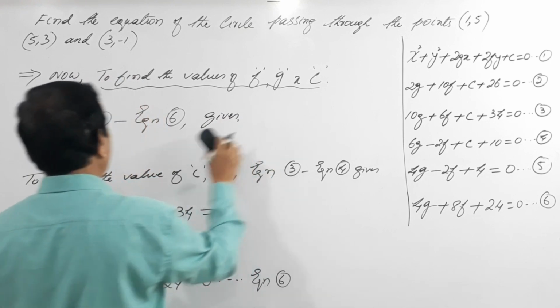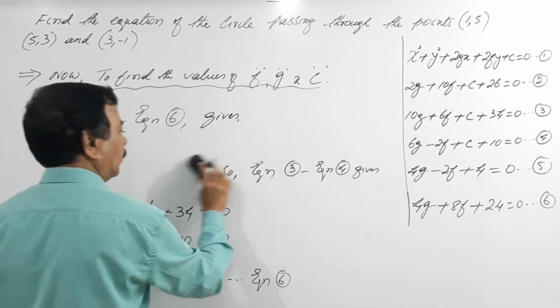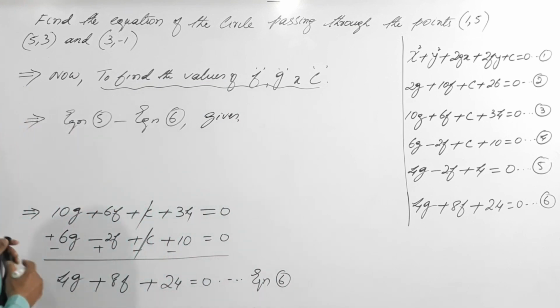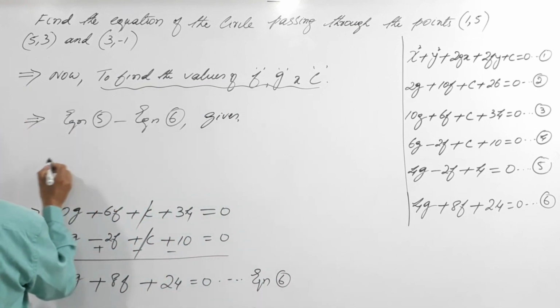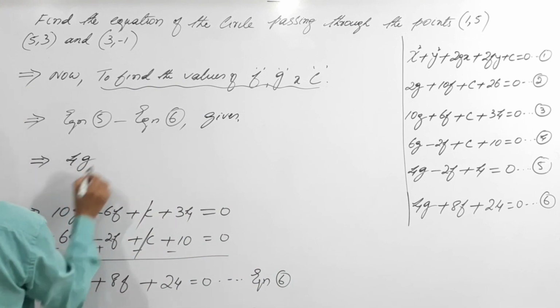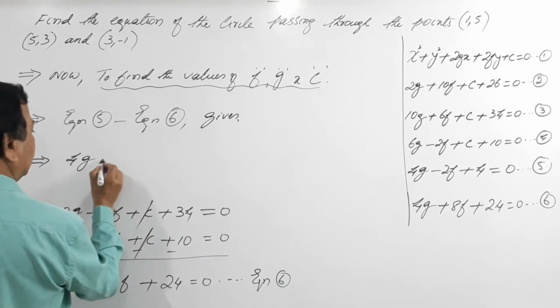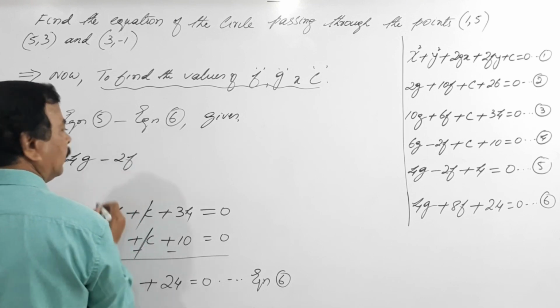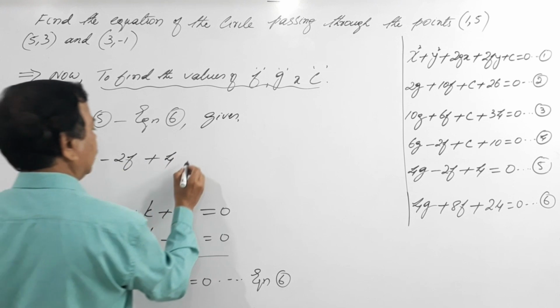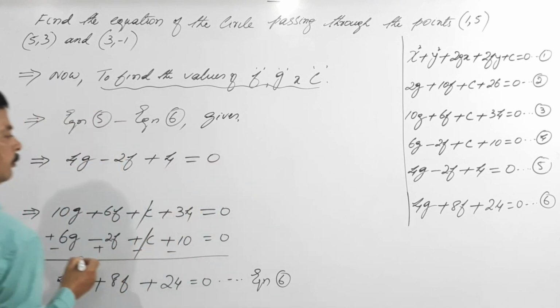What is equation 5? 4G minus 2F plus 4 equals 0.